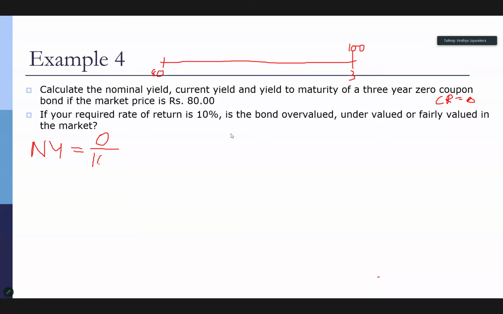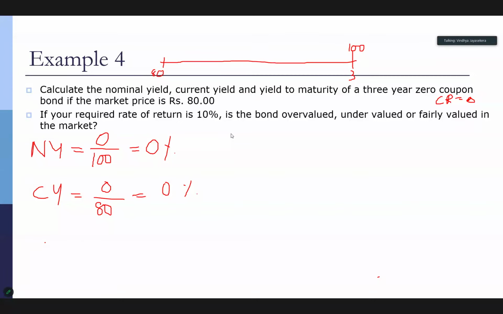It's 100. So nominal yield is zero. Same for current yield. Current yield is zero divided by price. So current yield is also zero. In a zero coupon bond, you don't even need to do calculations. Nominal yield and current yield are always zero because there is no coupon.